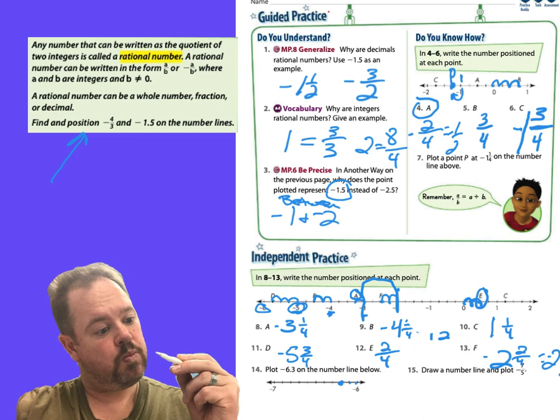And number 15. So we need to draw a number line that represents the denominator 5. So we are at -7/5. I know that's going to be a negative, so I'm going to start with a 0 here. And then let's go -1 and -2.